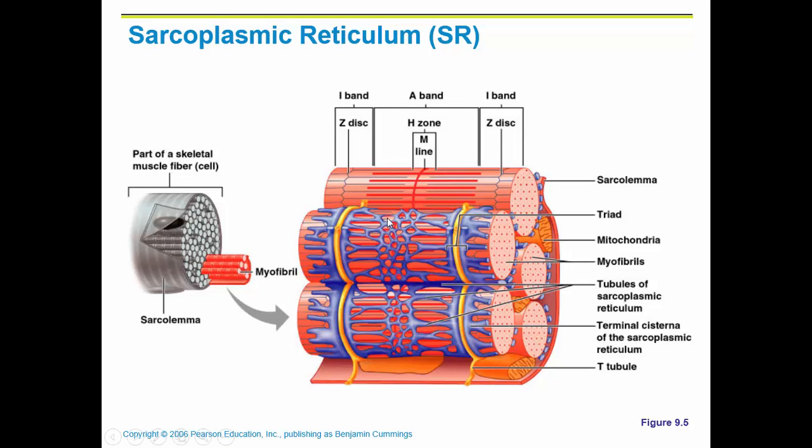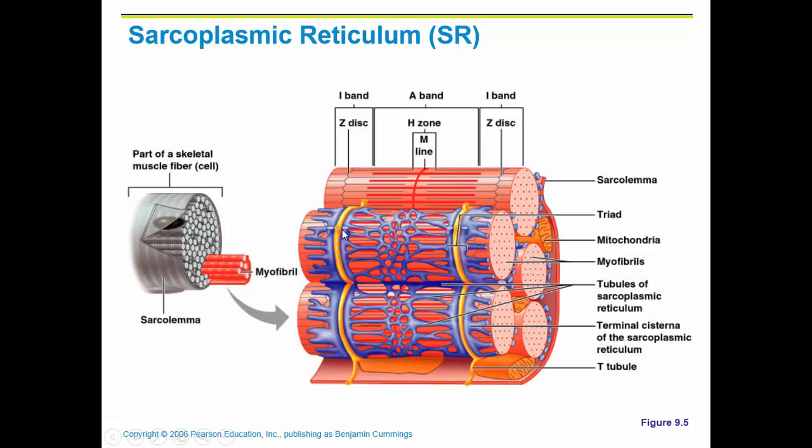So this is what your muscle cell actually looks like. So right here we have those little myofibrils. We've got your myosin, we've got your actin, we've got all of those bands that are allowing it to be striated, and then this blue portion is the sarcoplasmic reticulum. And so the sarcoplasmic reticulum is going to be housing calcium and releasing calcium when needed.